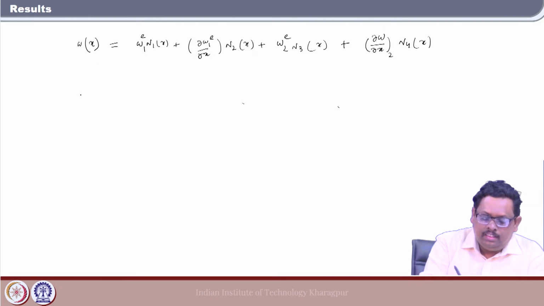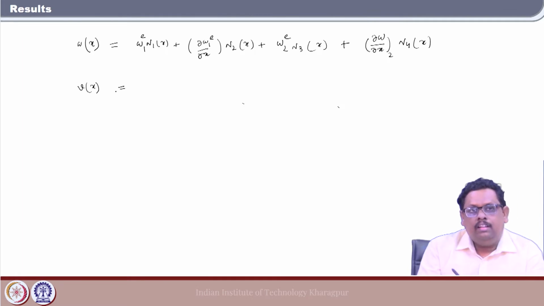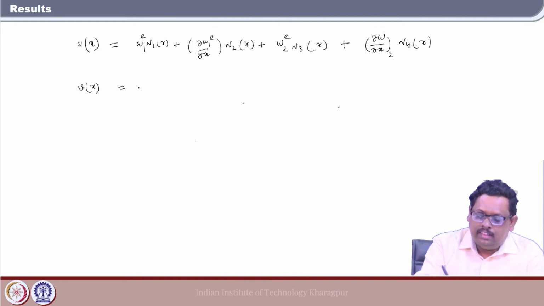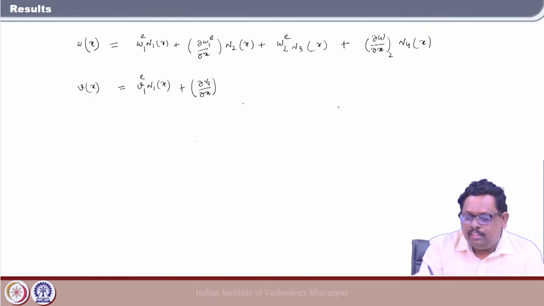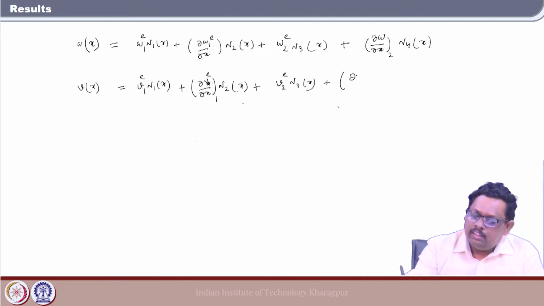In a similar way, the test function V(x), that we used in the last class, we can also write as V1 for the element E into N1(x), plus del V1 by del x, the slope for the element E, into N2(x), then V2 into N3(x), of course for the element E, plus del V by del x for the second node into N4(x).